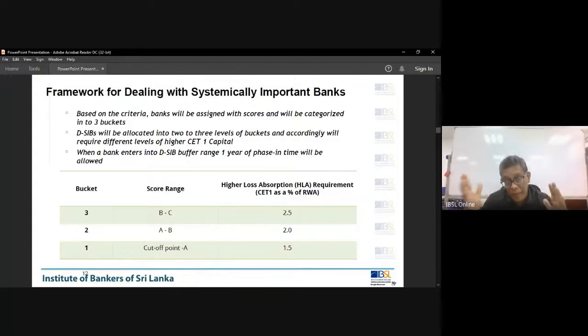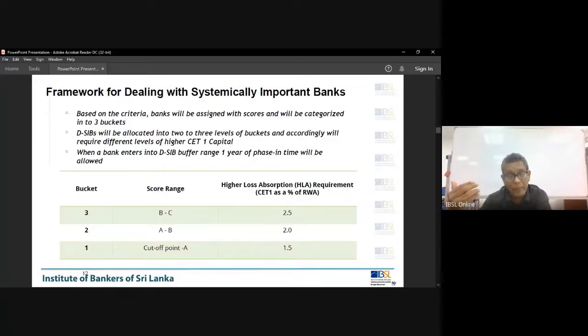So the banks that come under bucket 1 need to have an additional 1% of common equity Tier 1, in addition to the normal capital adequacy, which includes other buffers.